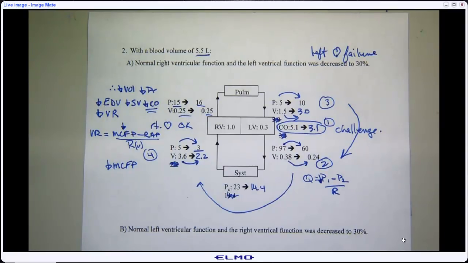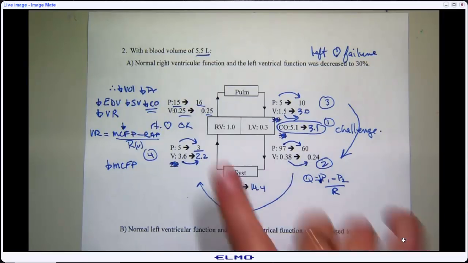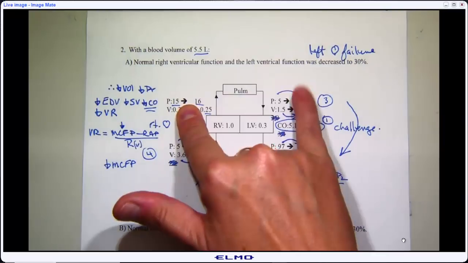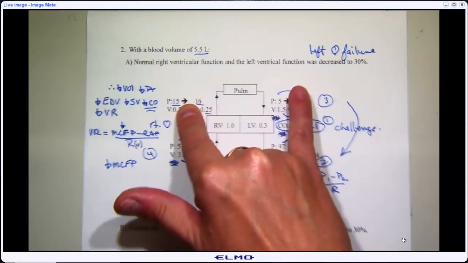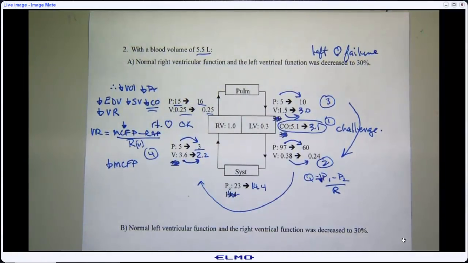Can you see what might be affecting that compartment that we haven't taken into account yet? Think about flow across the pulmonary system right now. Flow equals P1 minus P2 over R. What is affecting flow across the pulmonary system right now?